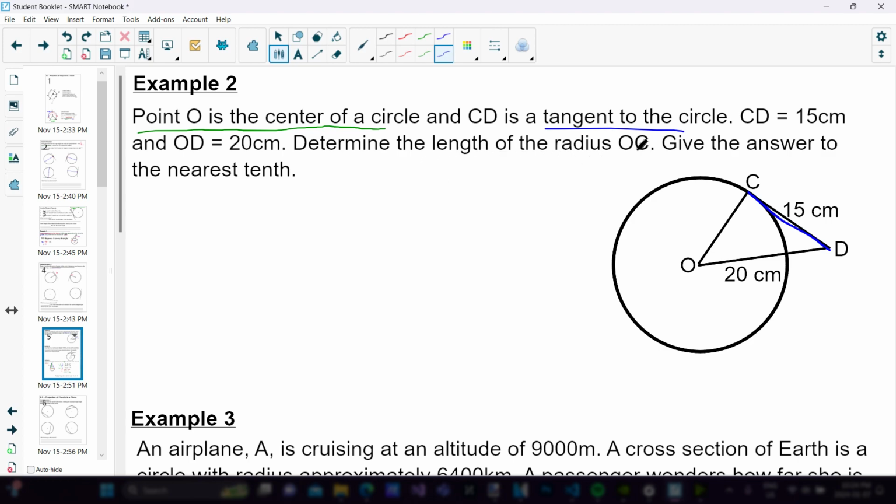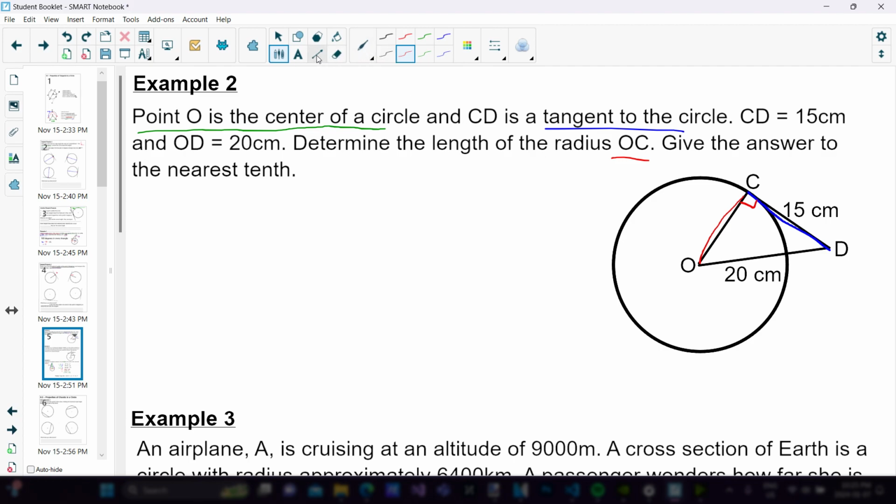Determine the length of the radius from O to C. So OC is from O to C, so that's this radius. Well, once again, all you need to realize is that you have a right angle triangle here, because the angle of this tangent to the center is 90 degrees.